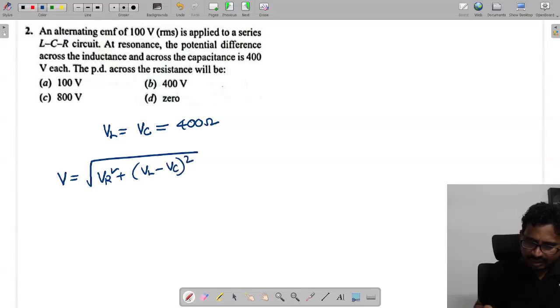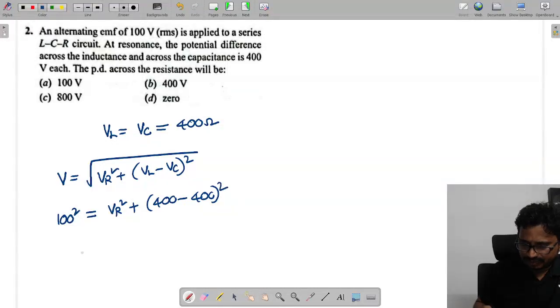EMF is given as 100, squaring on both sides, 100 square equals VR square plus 400 minus 400 whole square. That means VR value is 100.